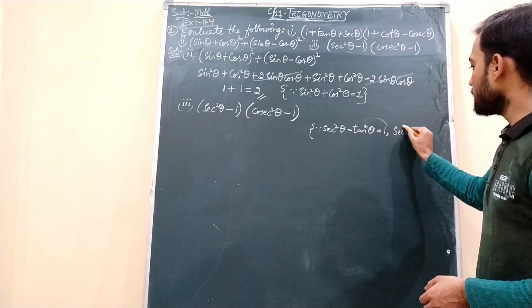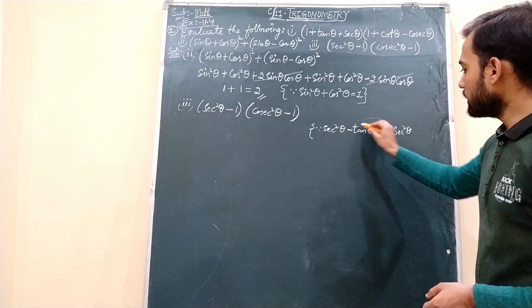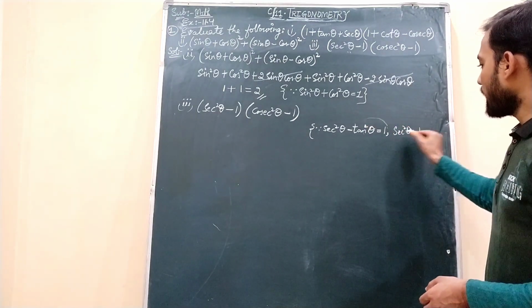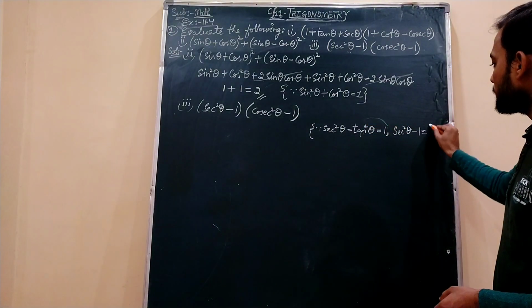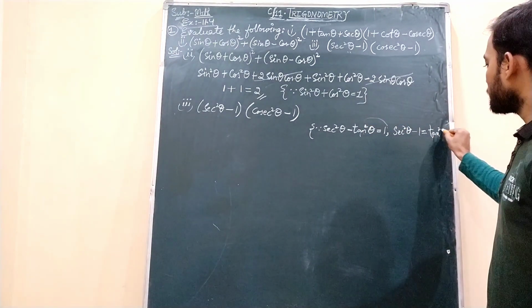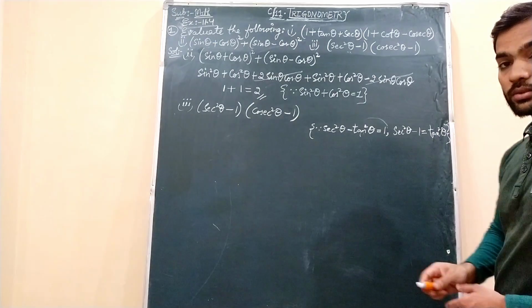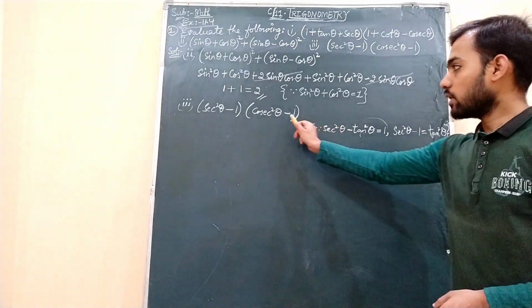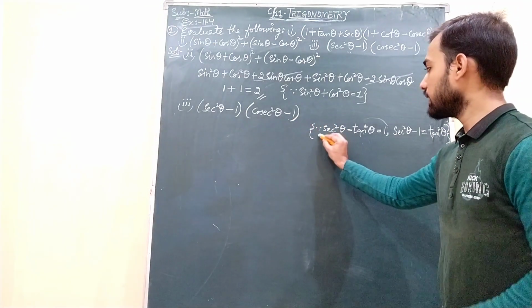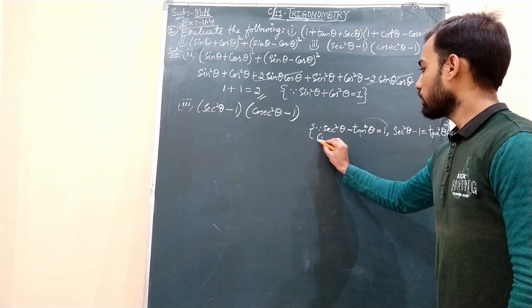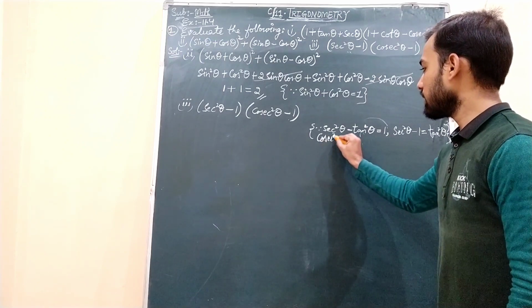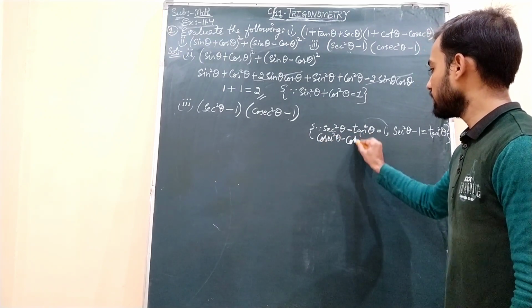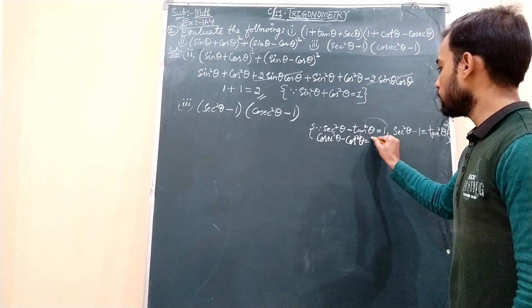This becomes secant square theta. If I take 1 this side, it will become minus 1. And this tan square theta after transposing changes to plus tan square theta. Okay, students, this is second identity. Now for this one I will use third identity. Third identity says that cosecant square theta minus cot square theta equals 1.